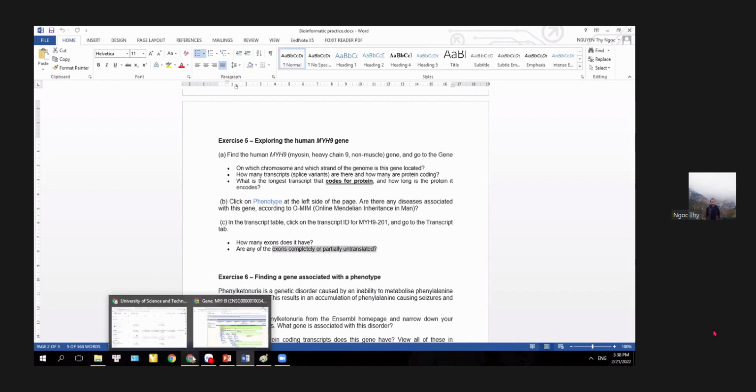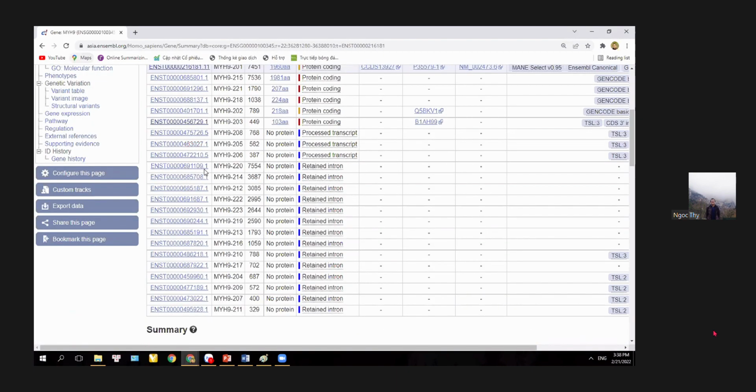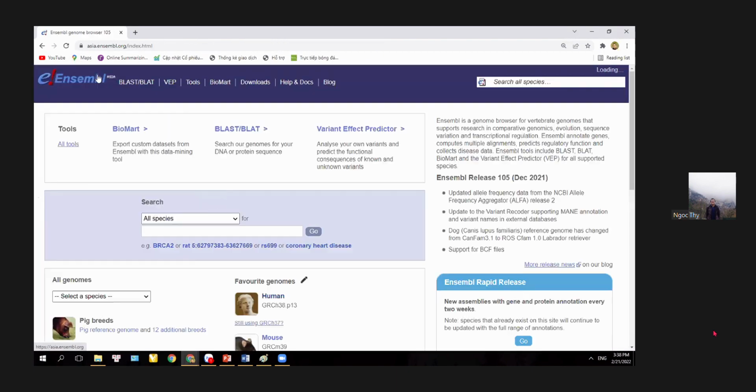So to explore that, we go to MYH9. For the students who have not attended the practical course, you go to Ensembl, which is a very large genome database. Click into human, explore the MYH9, click on go.